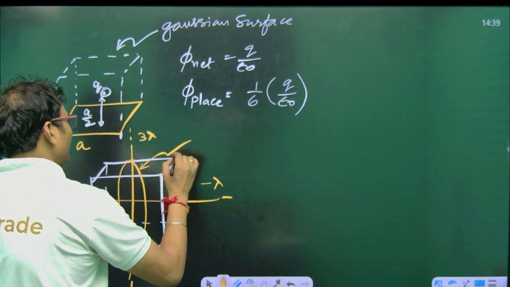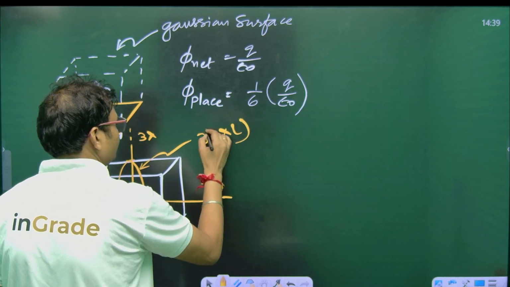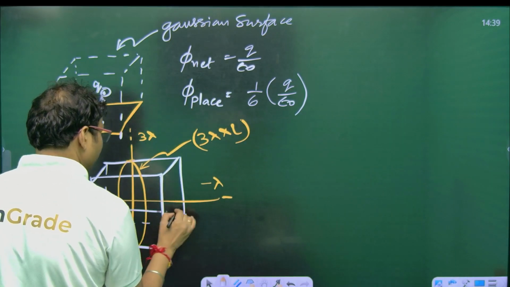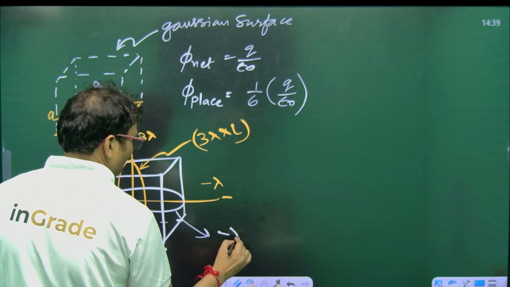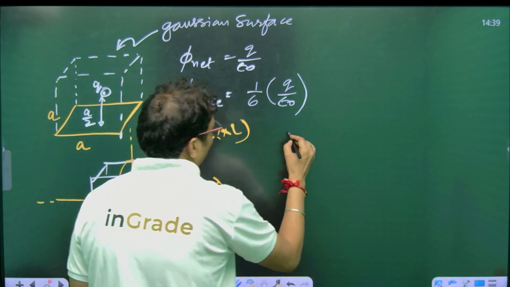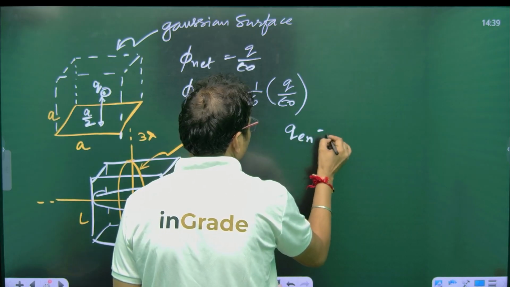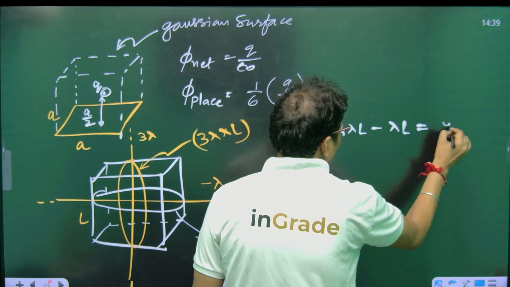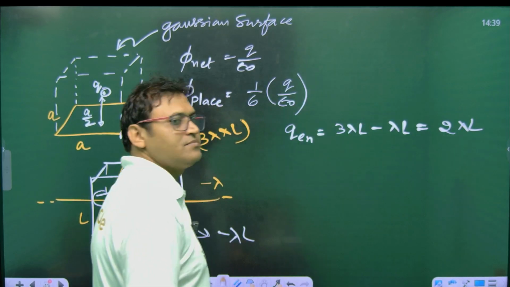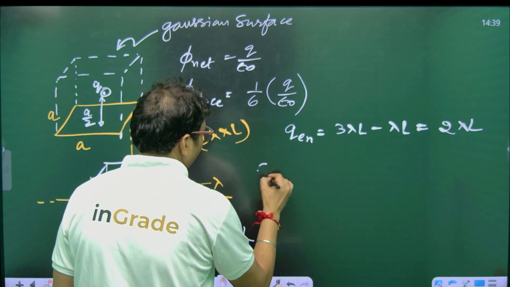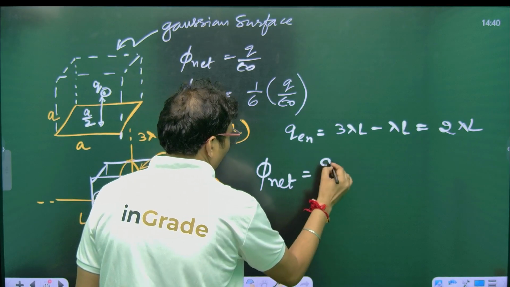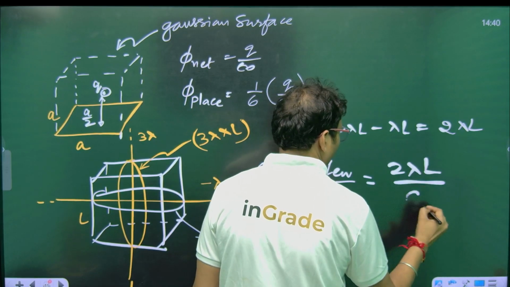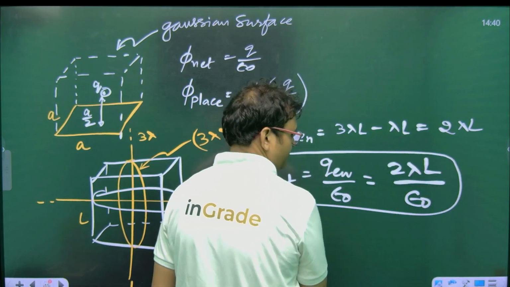The charge enclosed by this line charge will be equal to 3 lambda into L. Here, the charge enclosed by this line charge will be equal to minus lambda into L. So Q enclosed will be equal to 3 lambda L minus lambda into L, that is 2 lambda L. That is the charge enclosed, and phi net will be equal to Q enclosed by epsilon naught. It will be 2 lambda L by epsilon naught, which is the answer.